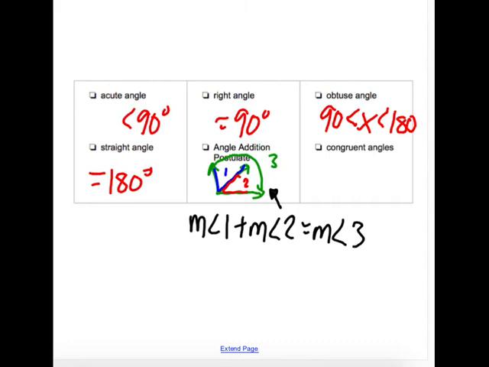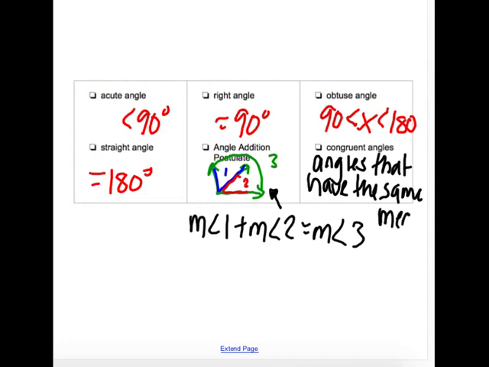Small stuff adds up to the big stuff. And then congruent angles are just angles that have the same measure. They are equal. And that is it for lesson 4.